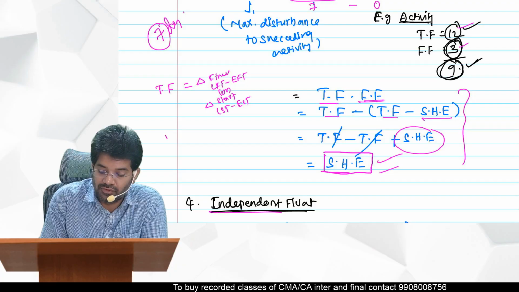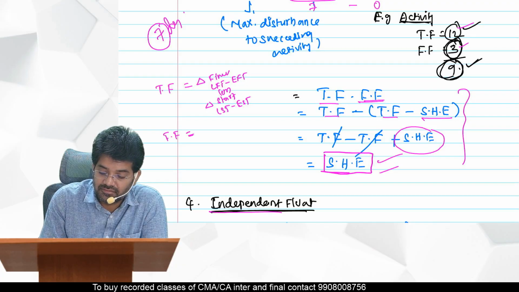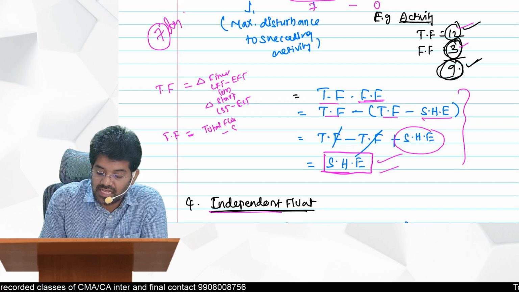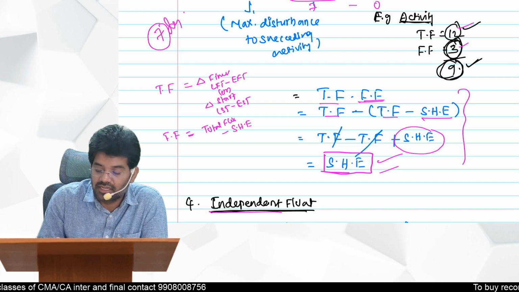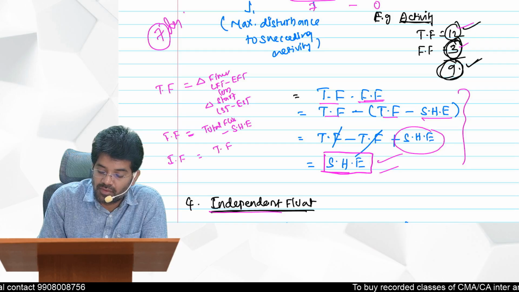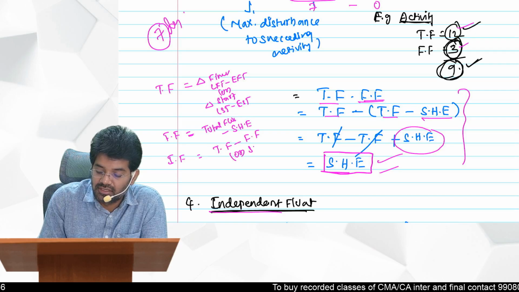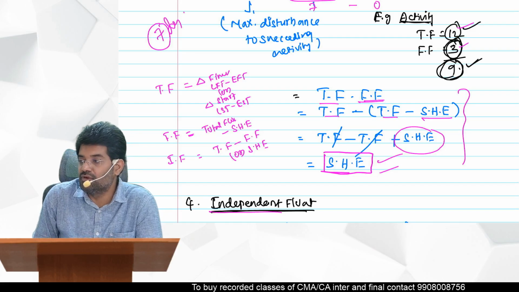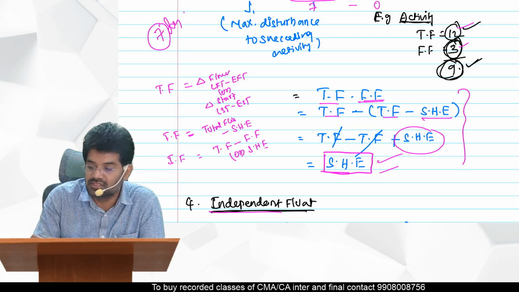Next one, free float. How do you get free float? It is total float minus slack of head event. This is how you can get free float. Then interfering float is equal to total float minus free float, or directly the slack of head event. This is interfering float. So logically I hope you understood this.